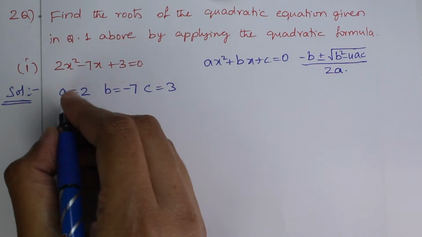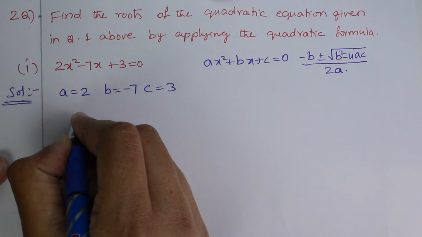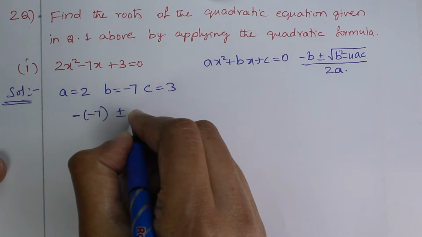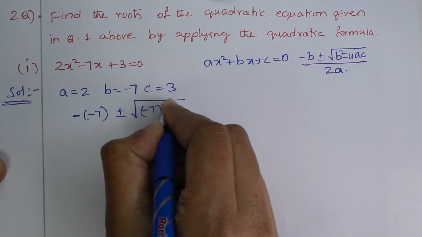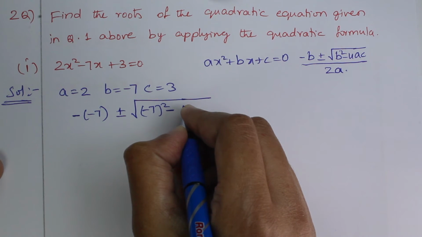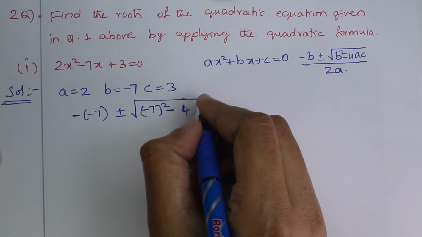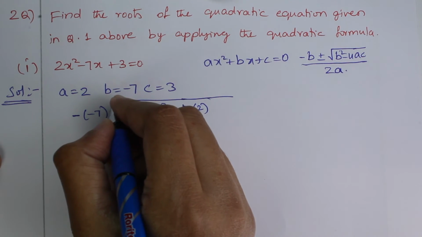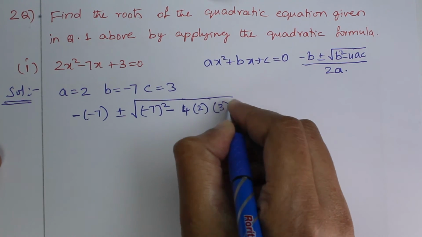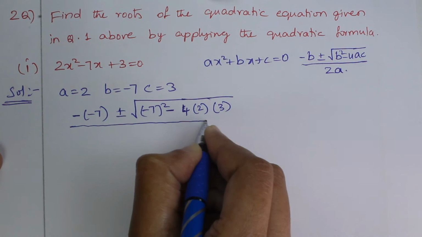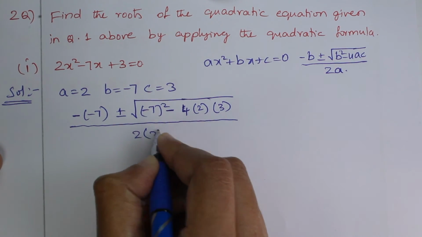So the roots become minus of minus 7 plus or minus root of minus 7 whole square minus 4 into a is 2, c is 3, divided by 2a, 2 into 2.